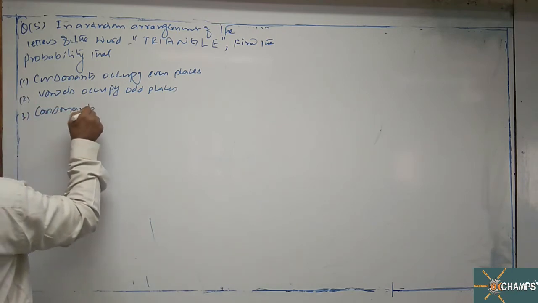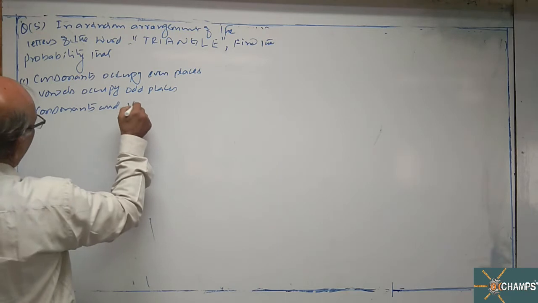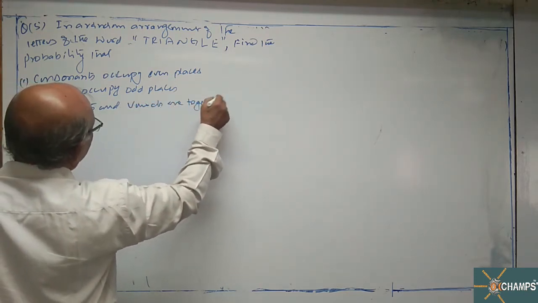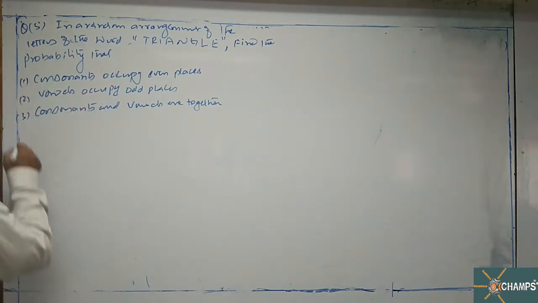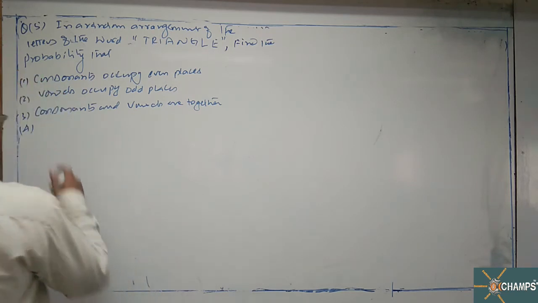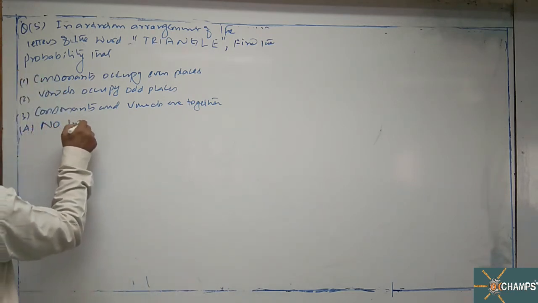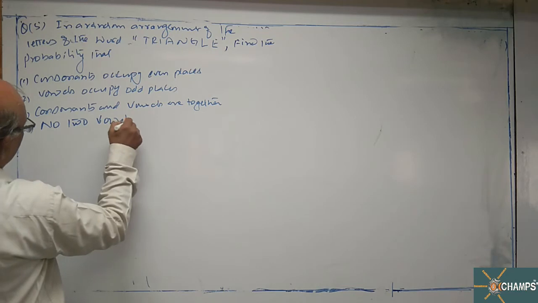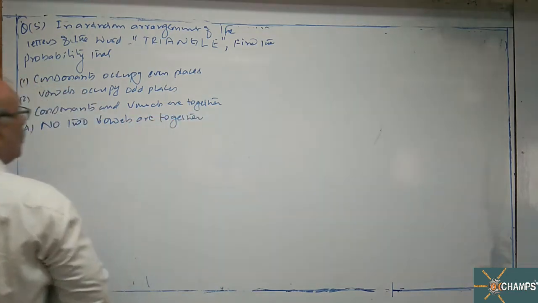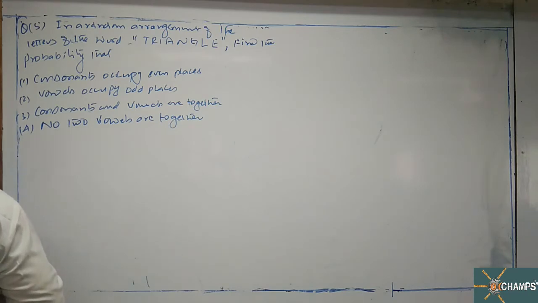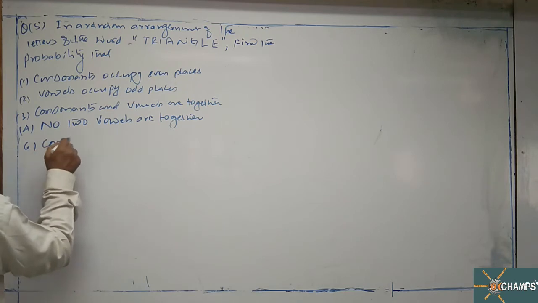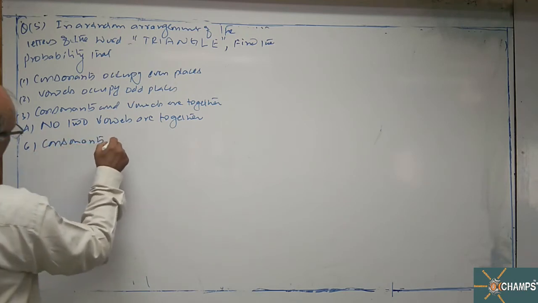Consonants and vowels are together. Question number 4. No two vowels are together. Consonants are always together.